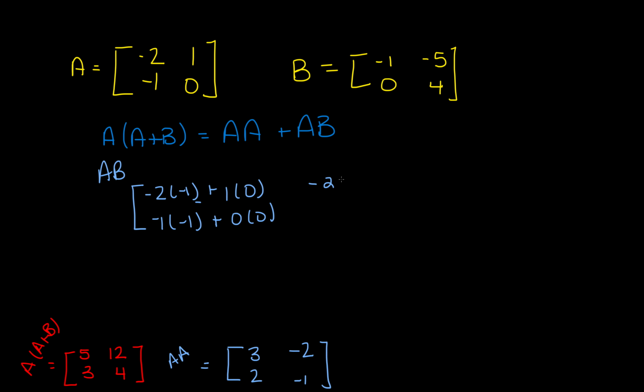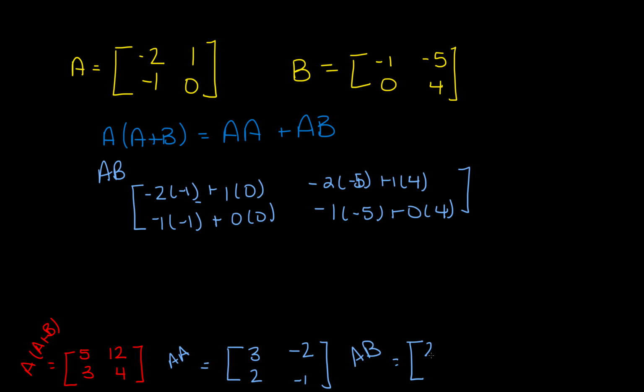Then we have negative 2 times negative 1, plus 1 times 5, no, negative 1, 5, plus 1 times 4, and then negative 1 times negative 5, plus 0 times 4. What we will get here is AB is equal to, crazy numbers here, 2, 14, 1, and 5. I did not write that on another layer.